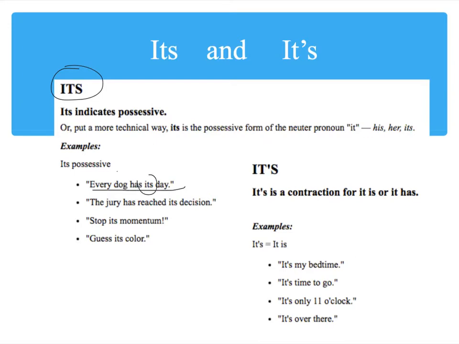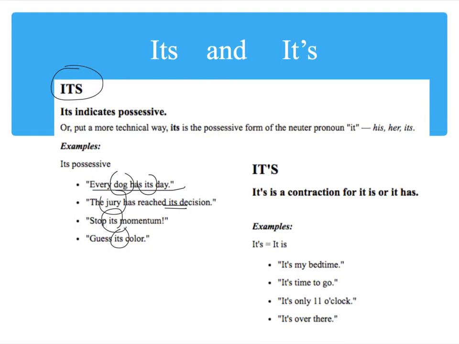So its is referring to the dog. The jury has reached its decision. Its refers to the jury. Stop its momentum. And we're not sure in this sentence what its is. It could be the car's momentum. And then gets its color. Maybe it's the shoe's color.